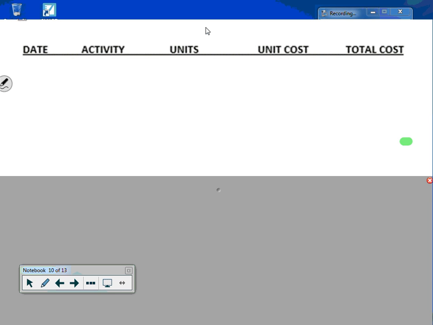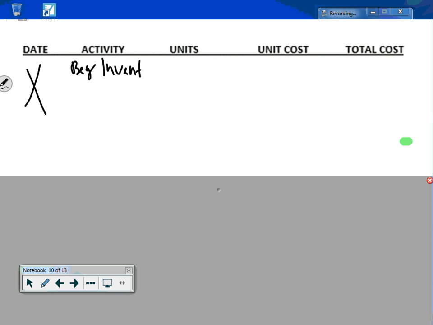So what's the date of our beginning inventory? Is there a date, or did they just say beginning of the month? So they didn't give you a date? Okay. But in the beginning, how many did they have?